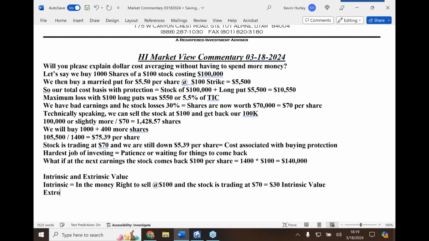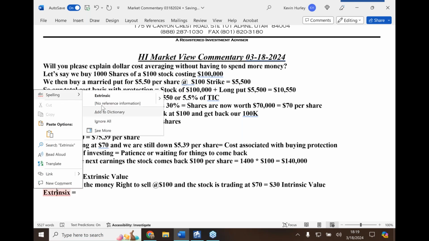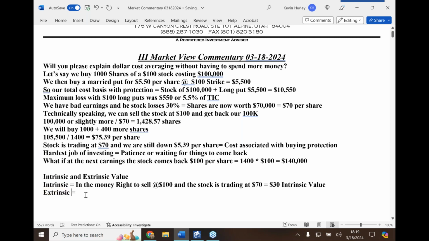The extrinsic, I just cannot spell or type worth beans today, is the extra or time value. So if we bought a put 8 weeks out in time at $100 at the strike price, it just pegged, that would equal that $5.50 per share.